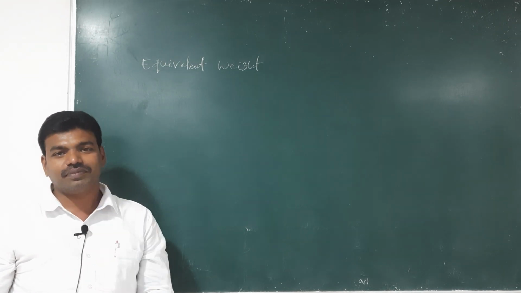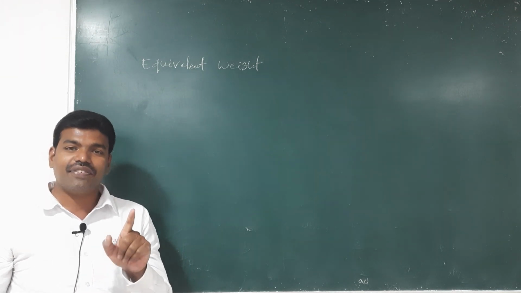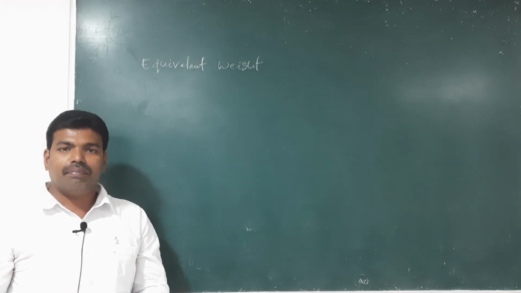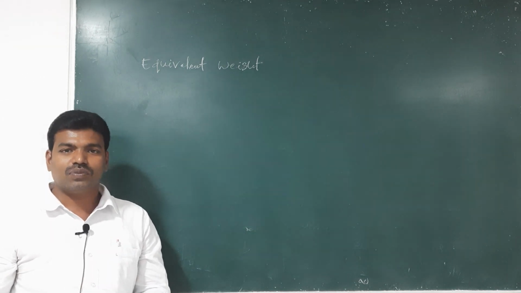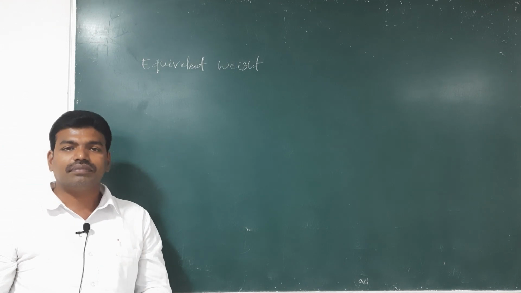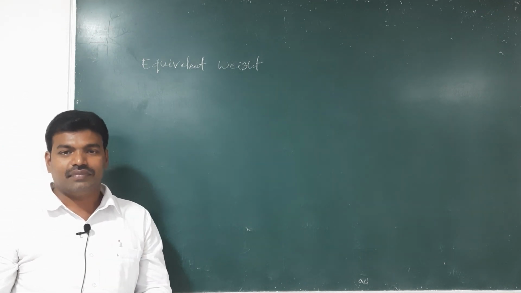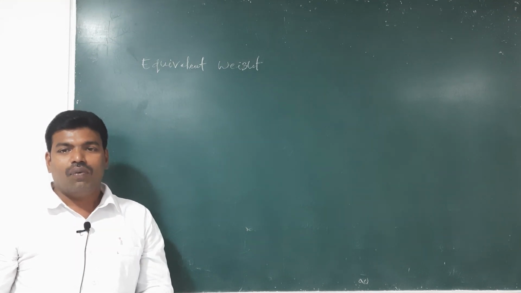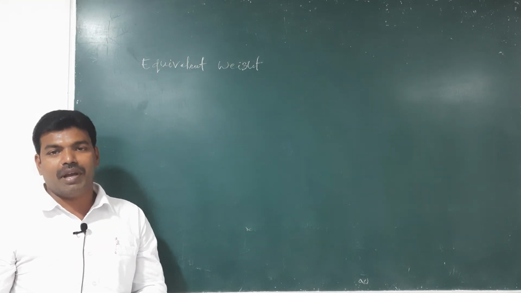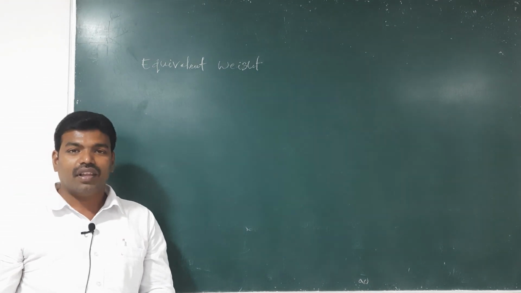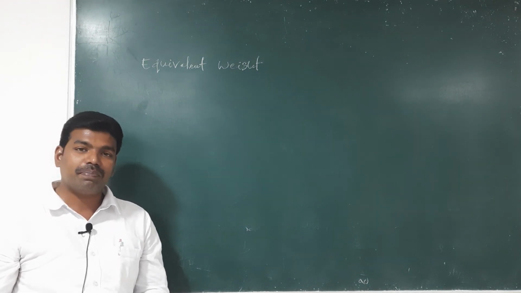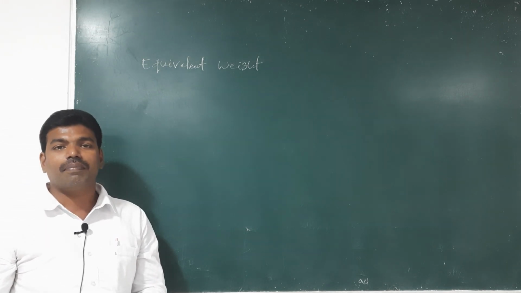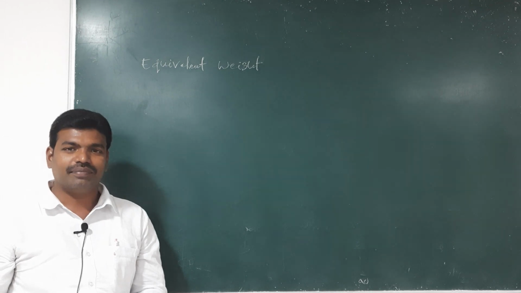I repeat, equivalent weight is defined as the number of parts by mass of a substance which combines with or displaces, directly or indirectly, 1.008 parts by mass of hydrogen or 8 parts by mass of oxygen or 35.5 parts by mass of chlorine.